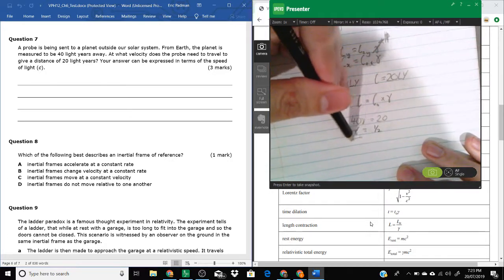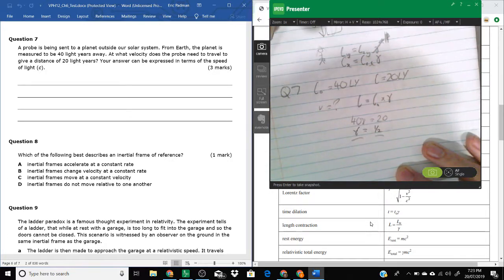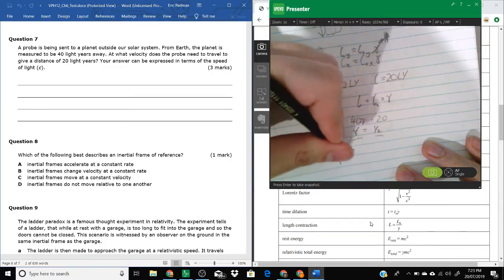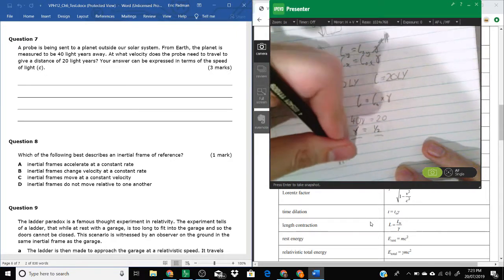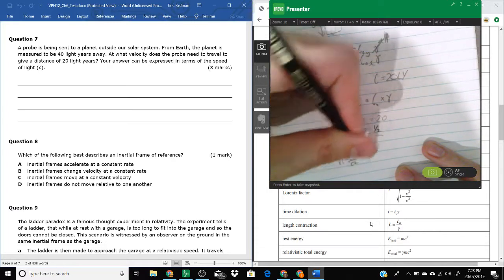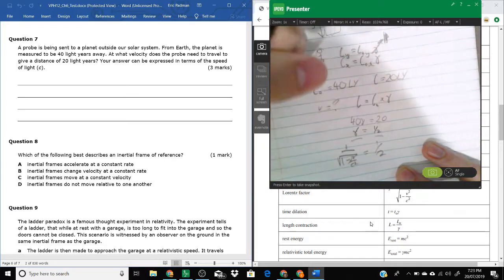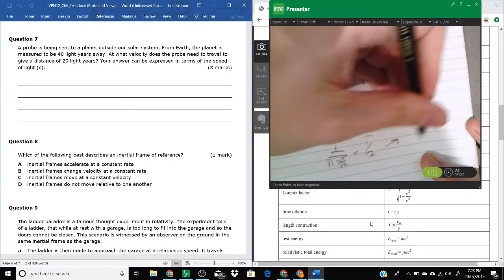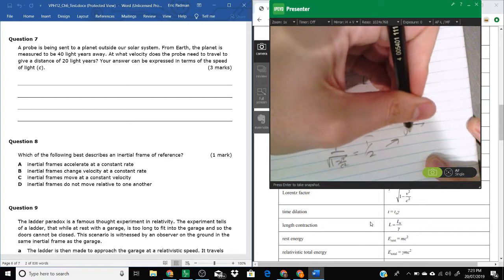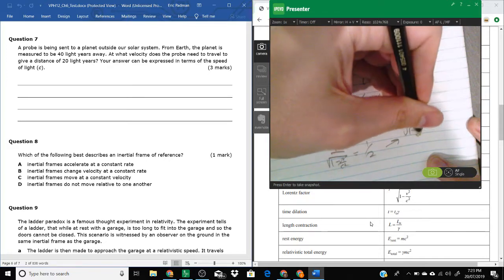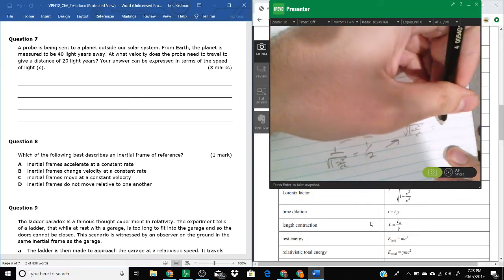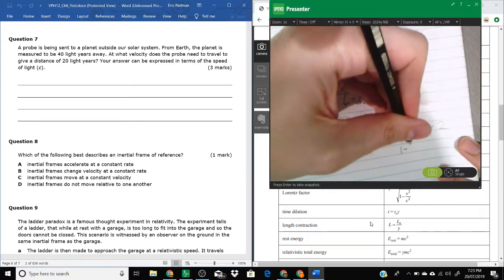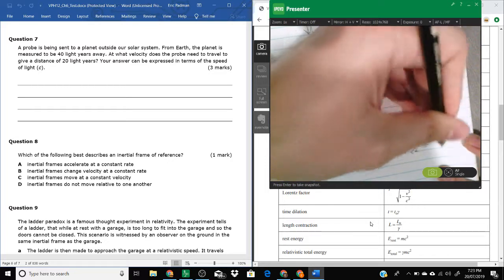So 1 on the square root of 1 minus v squared on c squared equals 1 on 2. Reciprocal: the square root of 1 minus v squared on c squared equals 2. Square both sides: 1 minus v squared on c squared equals 4.